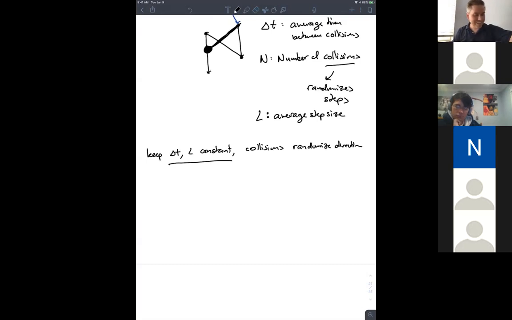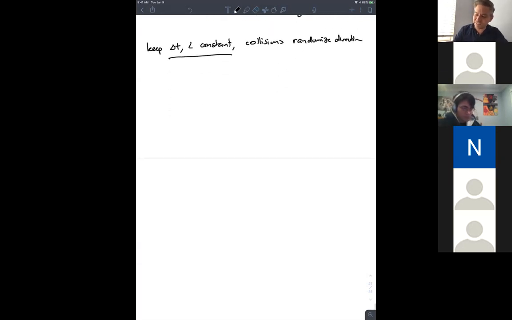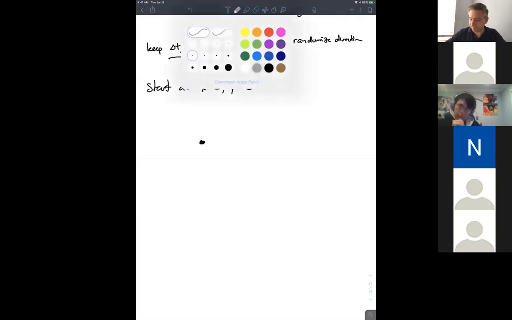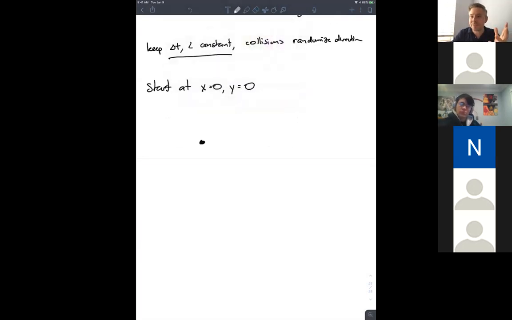All right, so this is what it's going to look like. We start at x equals 0, y equals 0. Here's our particle. Now what's going to happen is it's going to take a step. So L1 is going to be in some random direction.